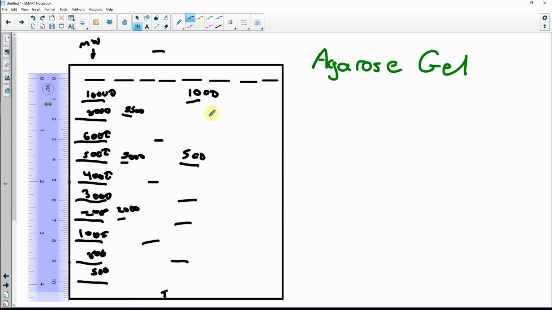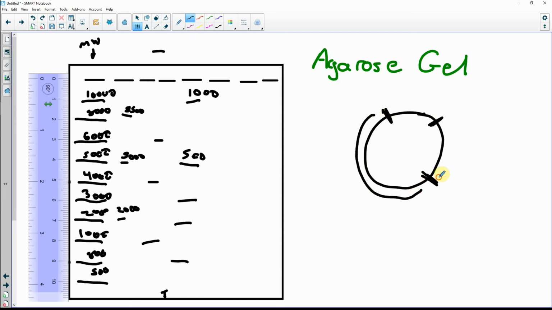And all we're doing is looking at how big the pieces are of a piece of DNA that got cut by restriction enzymes. That's the only real reason you use a gel. Now, pieces of DNA that we're typically dealing with are these circular pieces of DNA called plasmids. Depending on the restriction enzyme, you can get a cut here, a cut here, and a cut here, and you'll end up with a big piece of DNA, a medium piece, and a small piece.